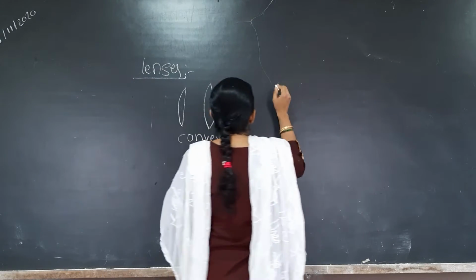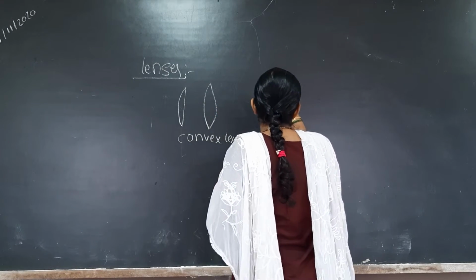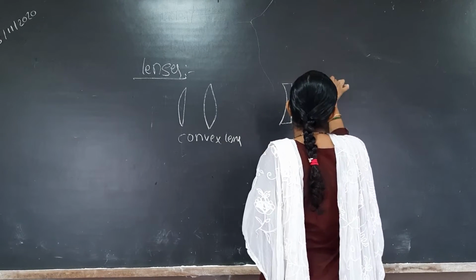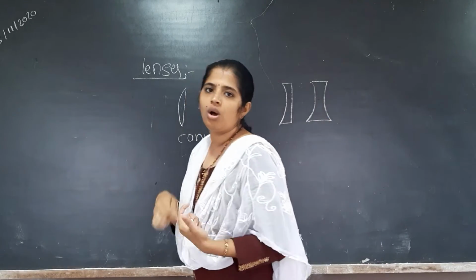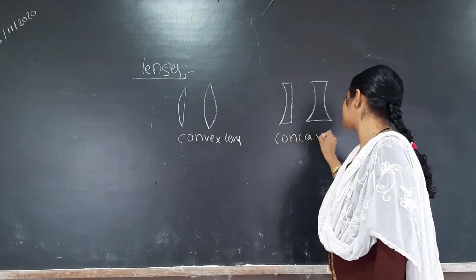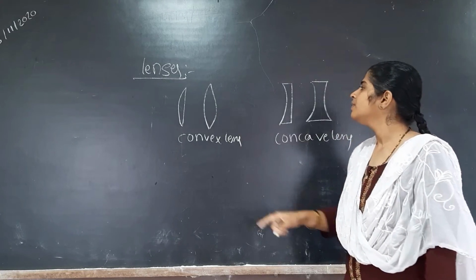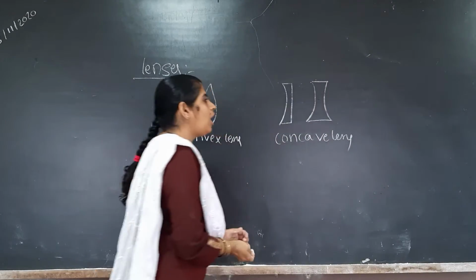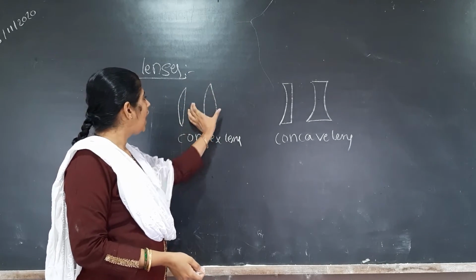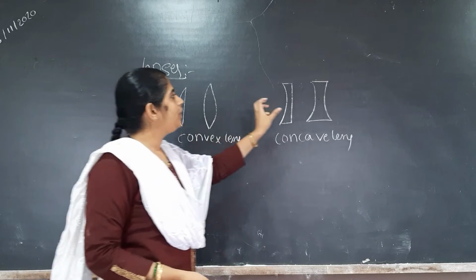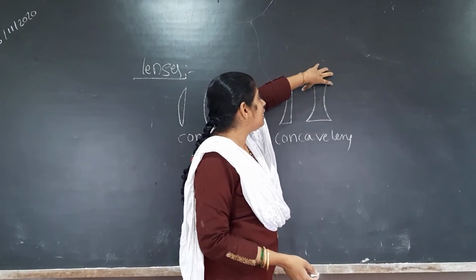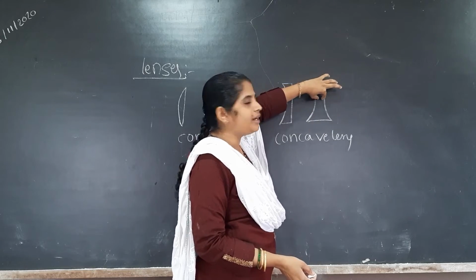In a concave lens, how will it be? One may be spherical, or both. So this is a concave lens. A convex lens is thinner at the edges and thicker at the middle. A concave lens is thicker at the edges and thinner at the middle.